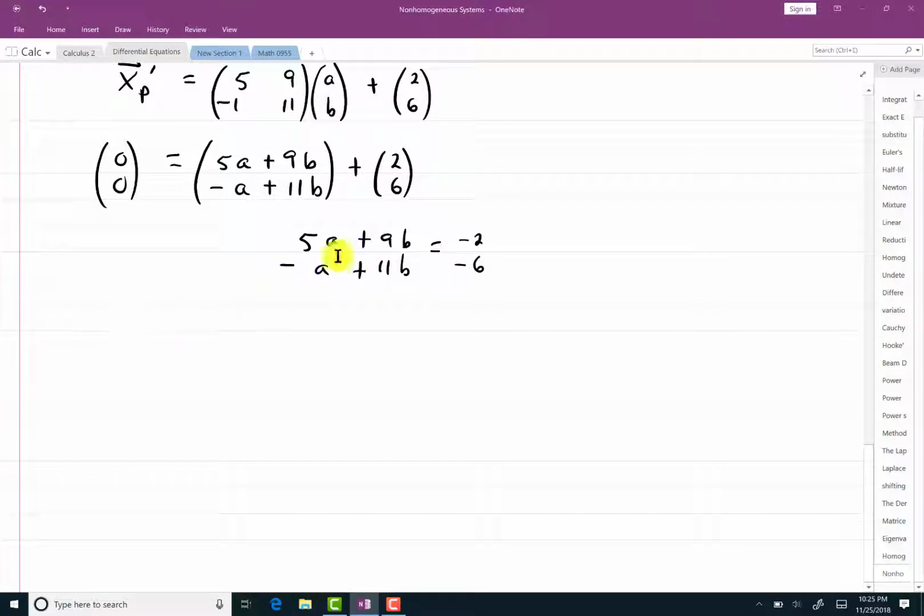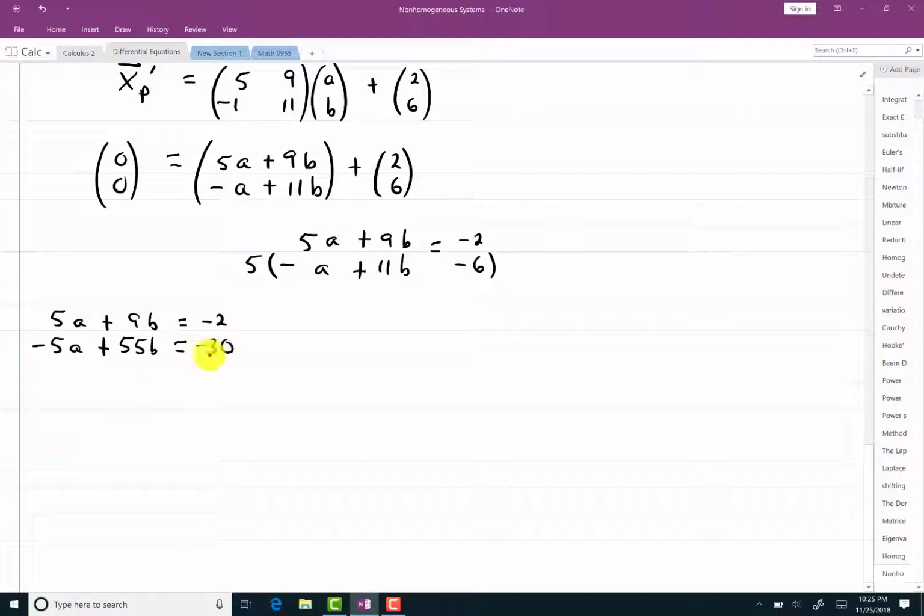Now, in order to solve this, I'm going to multiply the second equation by 5. That gives me the equations 5a plus 9b equals negative 2, negative 5a plus 55b equals negative 30.